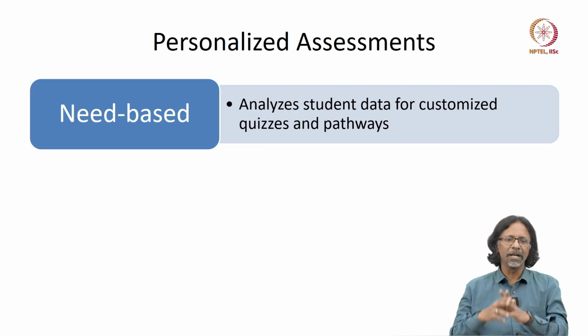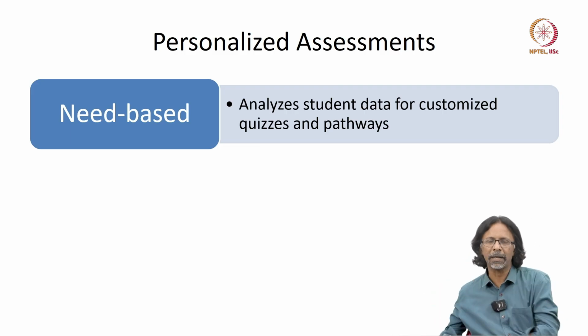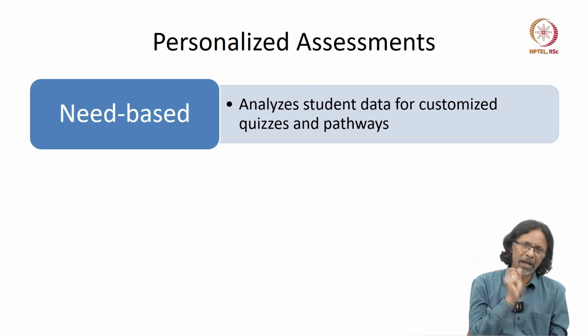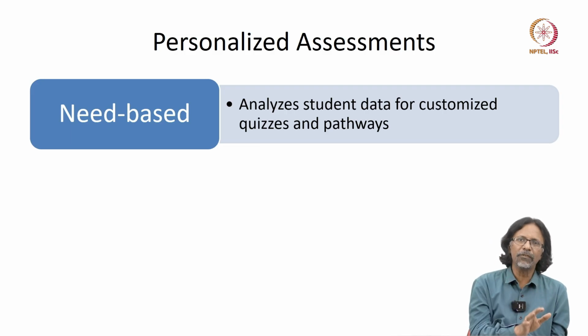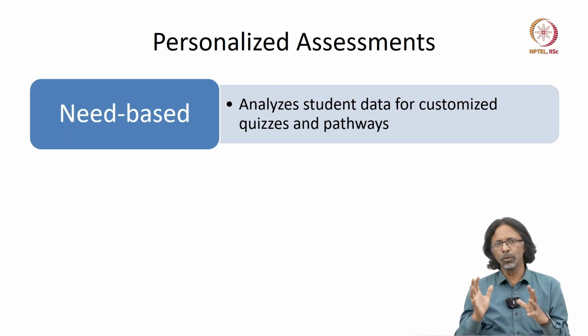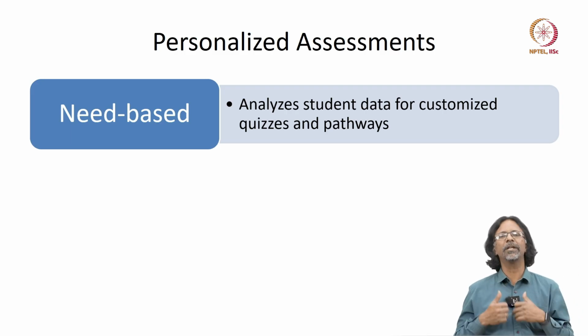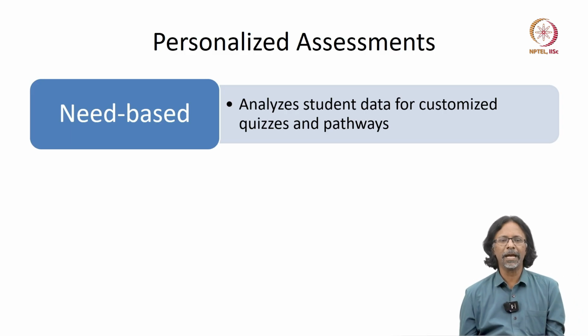All those tags, and then you keep a question bank, and then you can ask AI to say that, given this particular student, I want the student to improve in this particular topic, in this particular area. Can you generate new questions? So it can definitely be need-based at an individual student level.